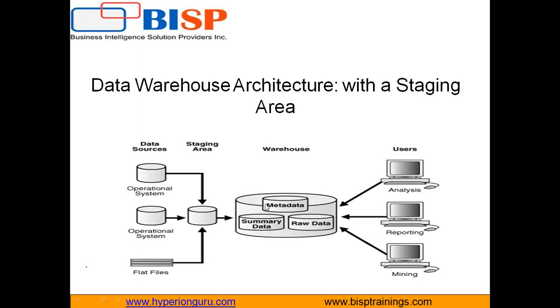So what it does is, in that particular staging area, it will help us to stage the data. That means if the first system is available at 9 a.m., if second is available at 10 a.m. and third is available at 11 a.m., then what the staging area does is it will bring the data from the three different source systems into this common location, into the staging area.